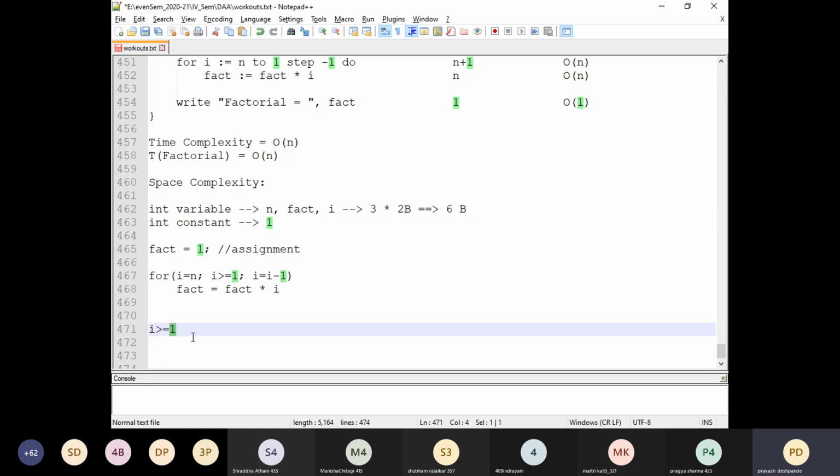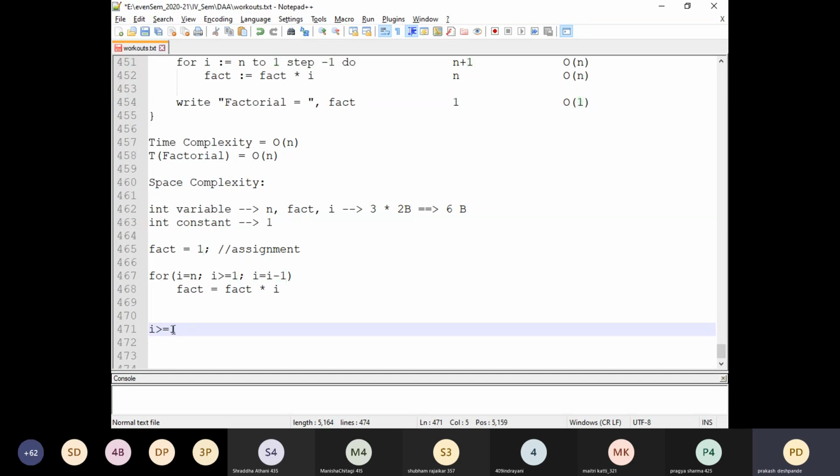This 1 we need to store somewhere in order to compare with the variable I. That means we want to store this in the memory.